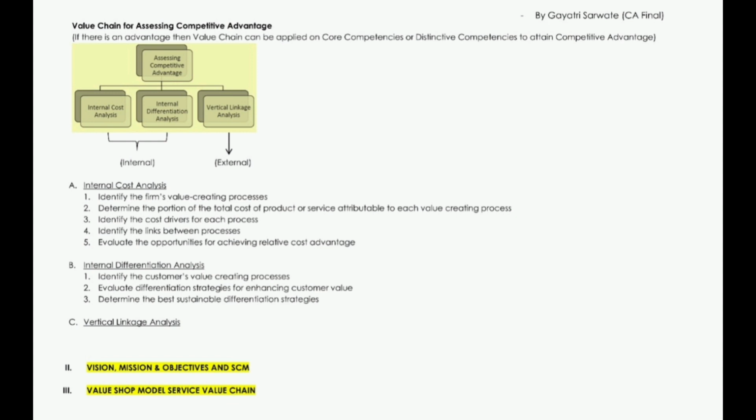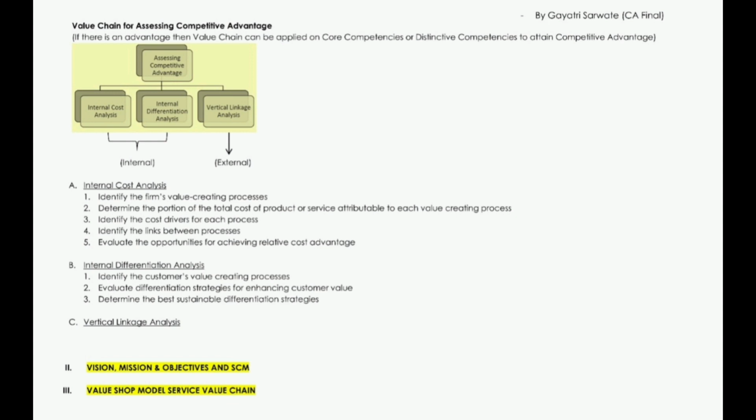The concept of this value shop came specifically for the companies in the service sector. This approach is designed to solve customer problems rather than creating value by producing output from an input of raw materials.